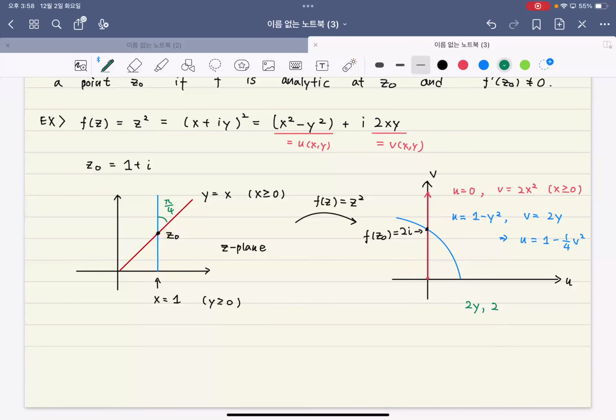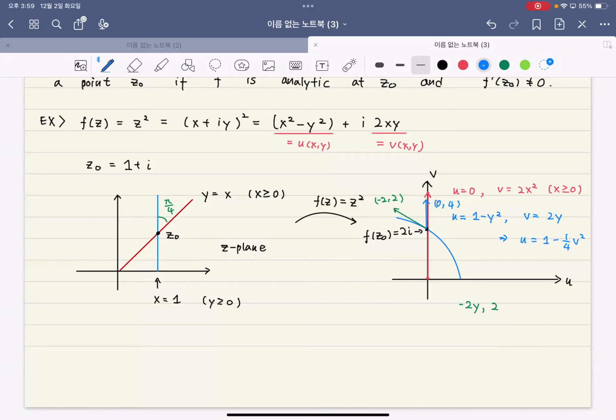So this vector is minus 2 comma 2, and this vector is simply 0 and 4.